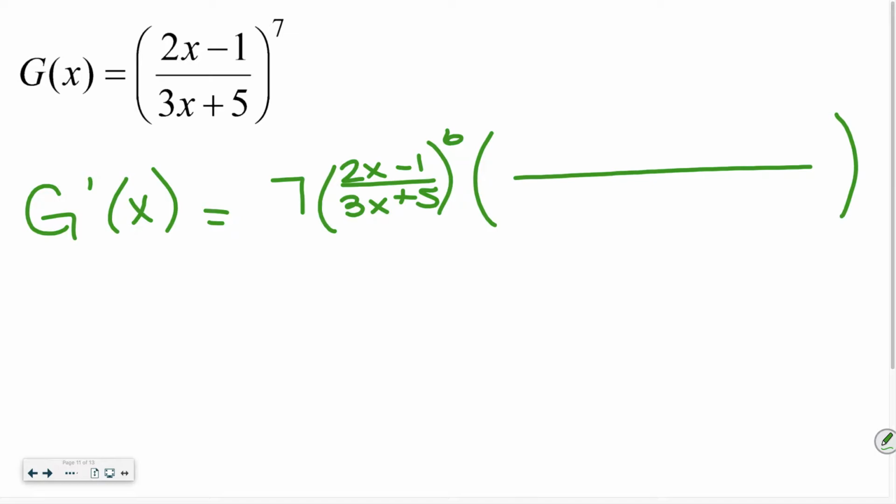There is linear divided by linear, okay? We've got this. So derivative of the numerator? 2x. 2. Times the denominator minus numerator times the derivative of the denominator.